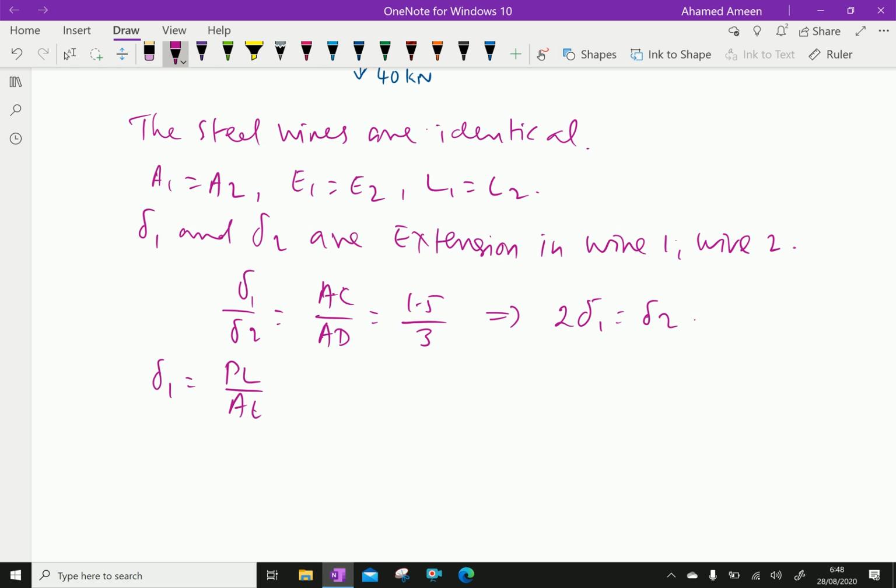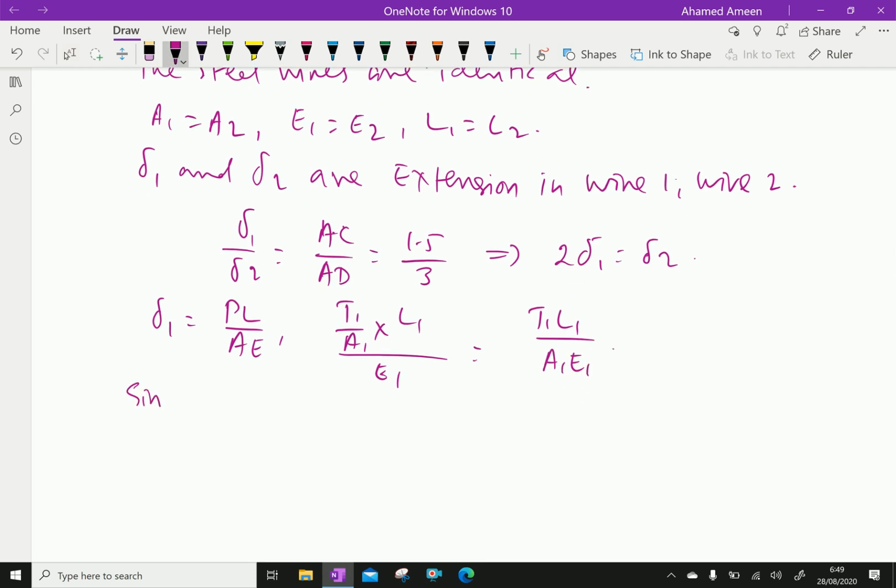P means the force in wire 1, that is T1, so delta 1 equal T1 L1 by A1 E1.